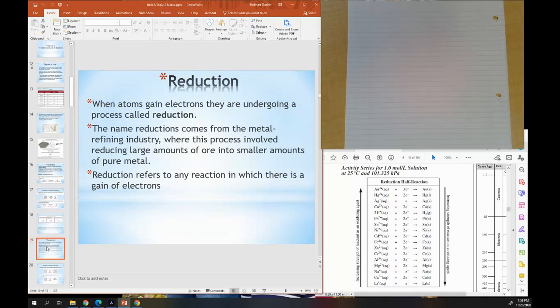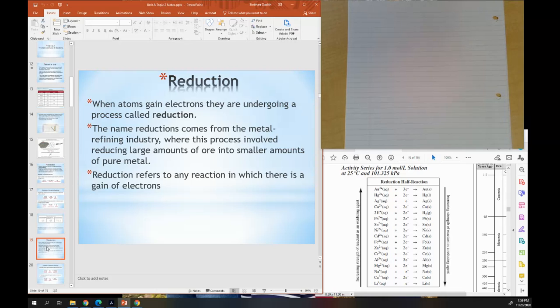Now, kind of the opposite process of oxidation is called reduction. So reduction is a process when atoms gain electrons in order to become something else. The name reduction actually comes from the metal refining industry.